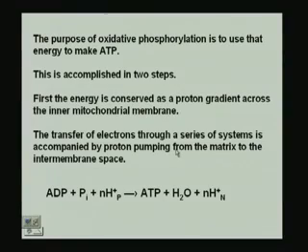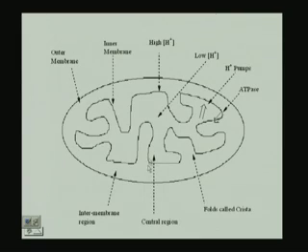So, we have the transfer of electrons through a series of systems that is accompanied by proton pumping from the matrix to the intermembrane space. Essentially, ADP plus Pi go to ATP. Where is this occurring? This is the intermembrane space, and this is the matrix space.